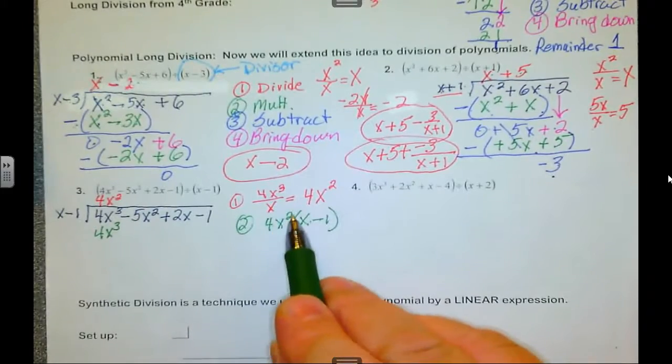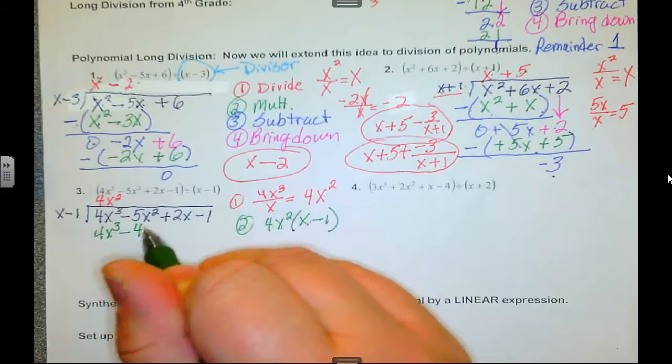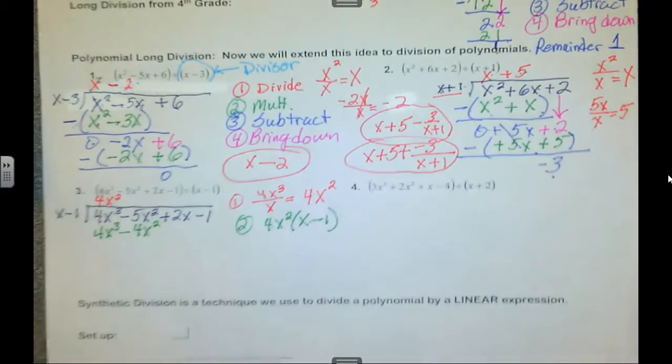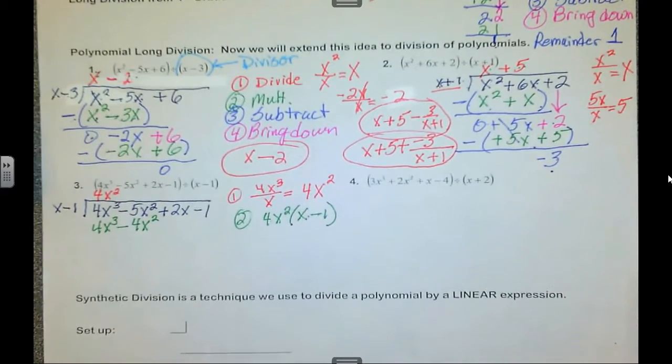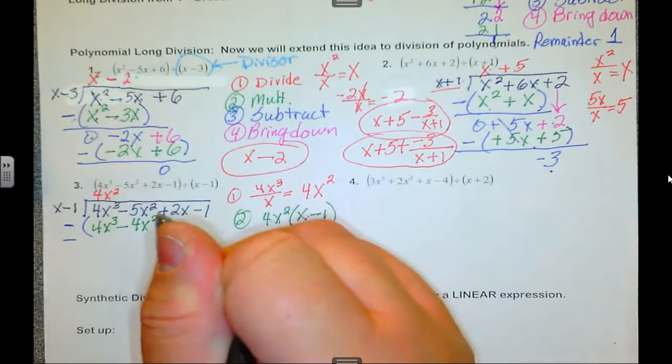Okay, so 4x squared times negative 1 is negative 4x squared. So I'm done multiplying. The next step, subtract.